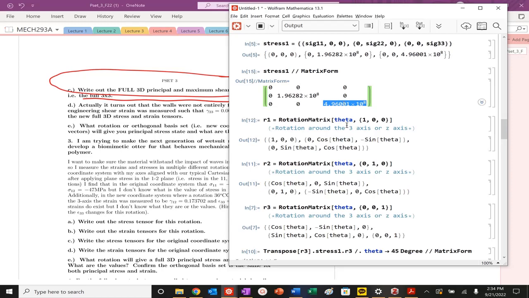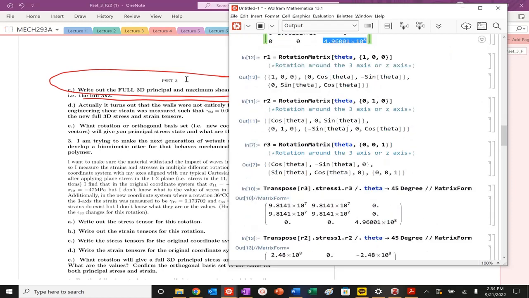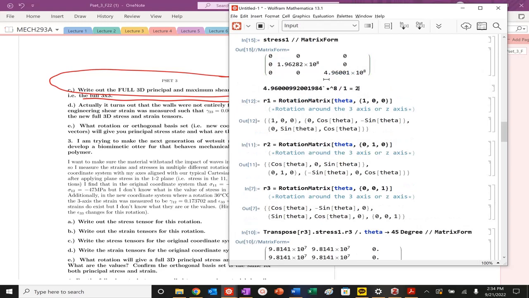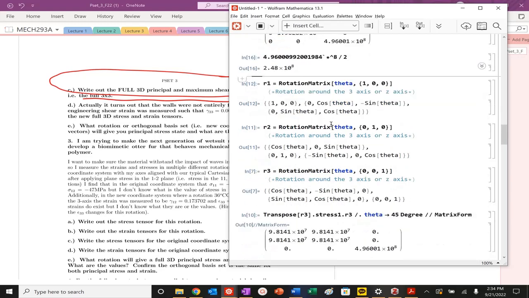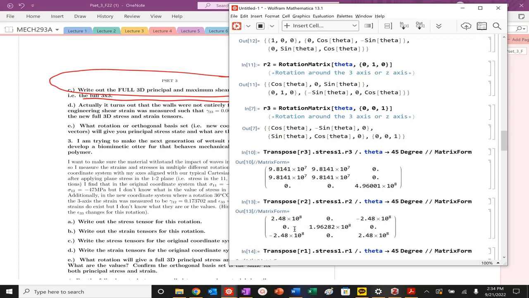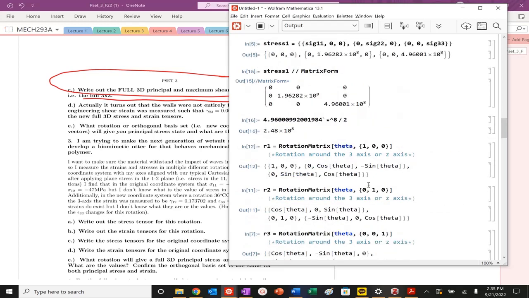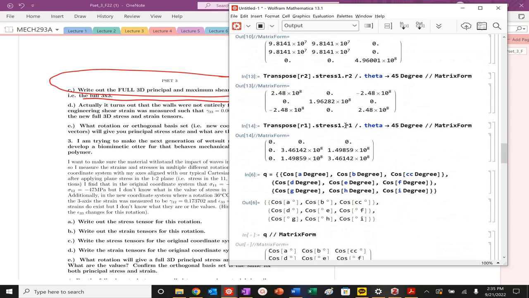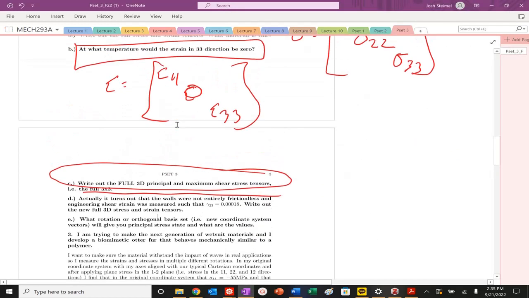We're just drawing our Mohr circles effectively in these problems to solve those out. If you divide that by 2, you get 2.48, and you'll see that right there, 2.48. If you're rotating around the 2 axis, that means you're in the 1-3 plane. If you're rotating around the 1 axis, you're in the 1-2 plane. So again, that's what we're looking at there.